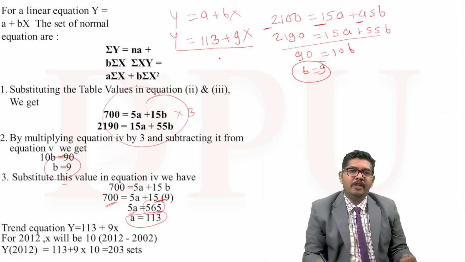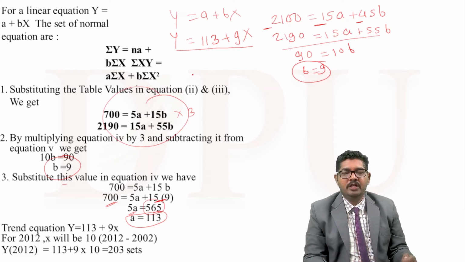So by putting x is equal to 10, we can get the sale of generator sets for the year 2012. So y is equal to 113 plus 9 tens are 90. 90 plus 113 is equal to 203. So y is equal to 203. This is the predicted sale of generator sets for the year 2012.